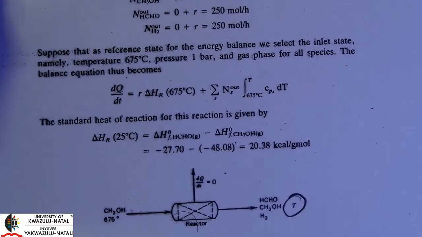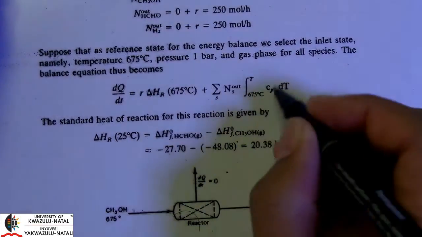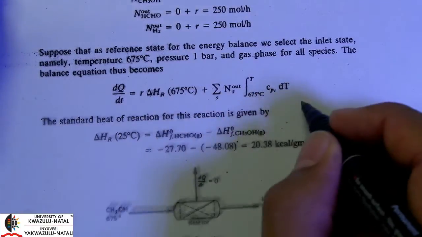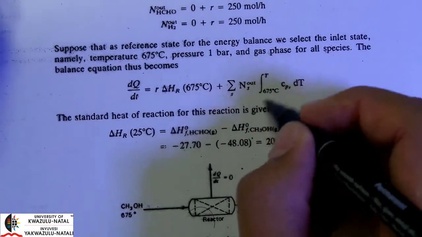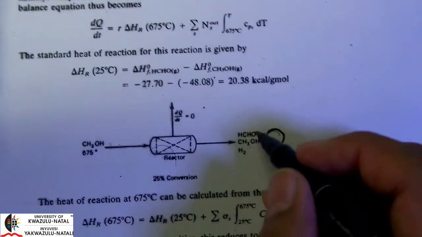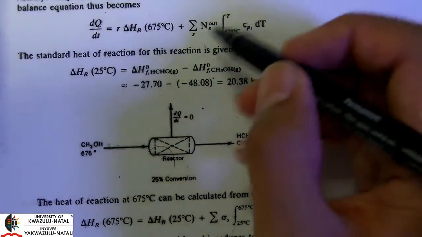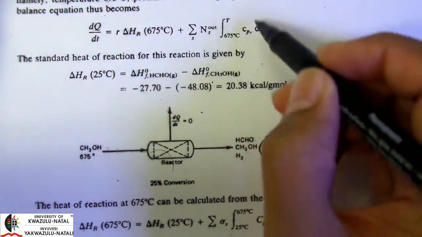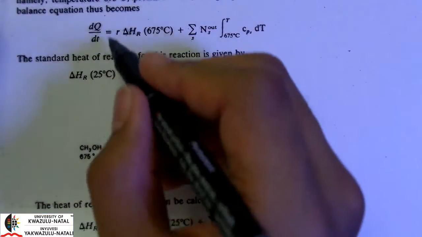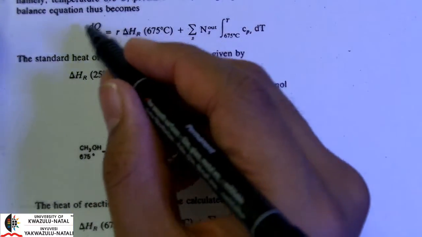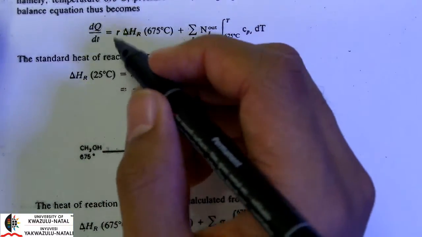So I don't have to worry about the input stream. I'm only worrying about my outputs. And my outputs have 3 different species, so I have a summation. Now dQ/dt, of course, is 0 because we are looking at an adiabatic reactor.